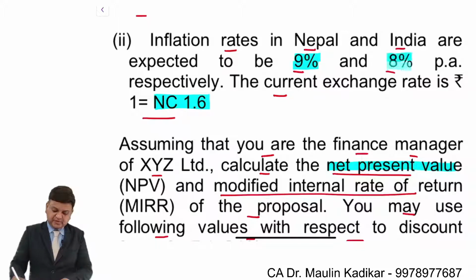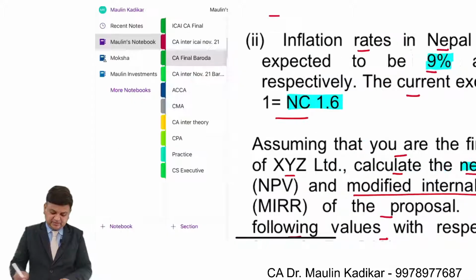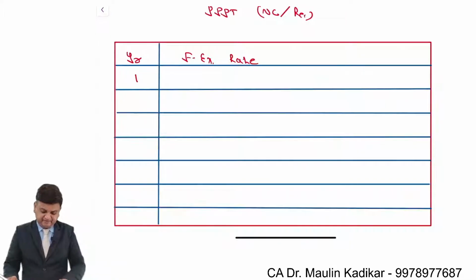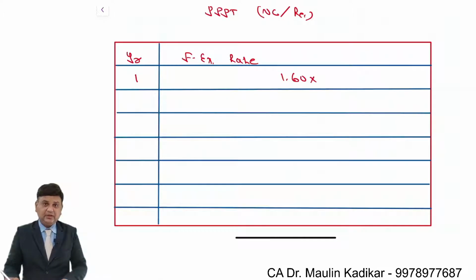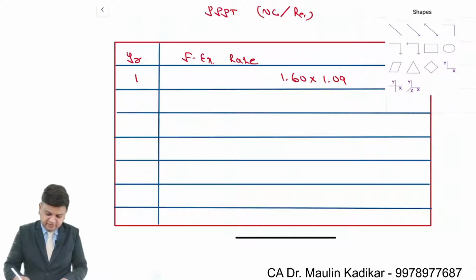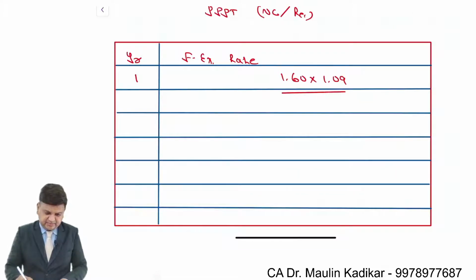Inflation rates are provided to us as 9% and 8%. So over here, for first year end, 1.60 into 1.09, the rate of inflation for Nepalese currency is 9%, and for rupee currency the inflation rate is 8%.